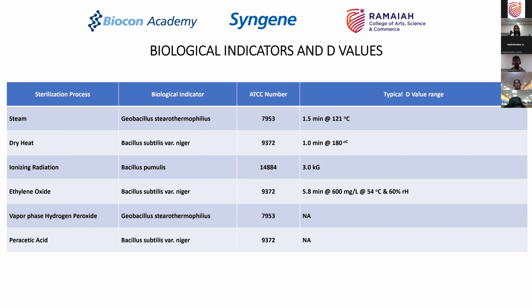Peracetic acid is no longer used, but used to be one of the sterilization processes which was also used very frequently in the industry earlier. But now, we are only talking about steam, dry heat, ionizing radiation, which would be mainly gamma radiation, ethylene oxide, and vapor phase hydrogen peroxide. Again, ethylene oxide is being slowly phased out because it is a carcinogen, and we will talk more about it in the later slides today.